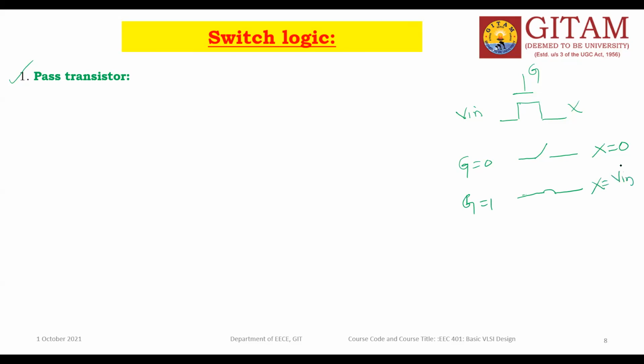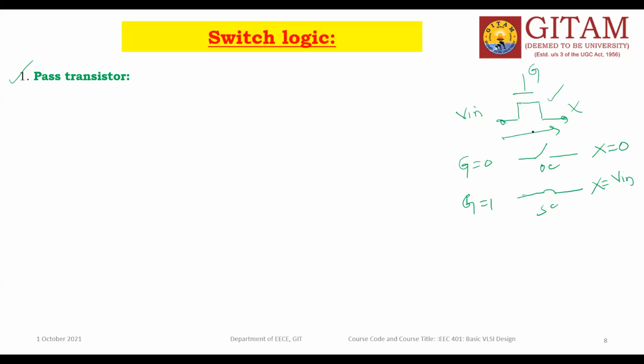So this is the pass transistor. When the gate has sufficient potential, it acts as a closed switch. Otherwise, it acts as an open switch. When the switch is closed, the input signals pass from this node to this node like this.